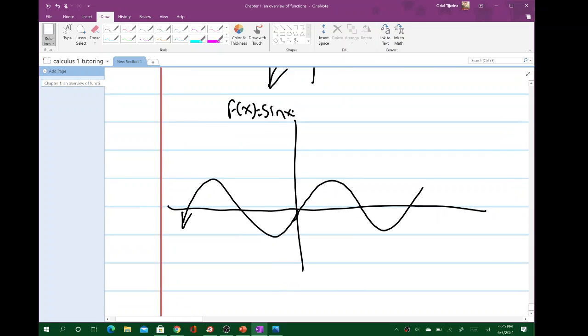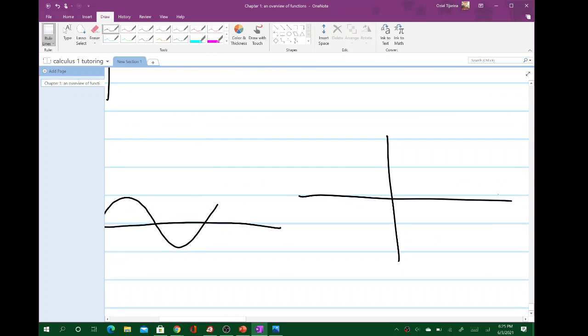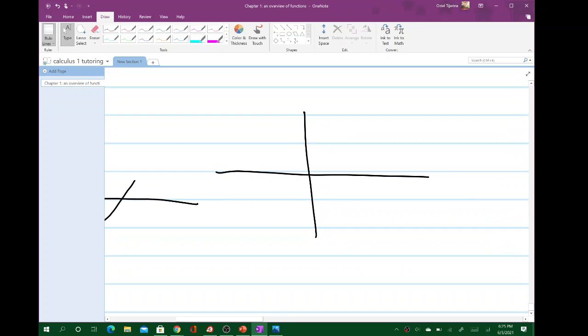So, yes, this is sine of x, and then cosine of x. Cosine of x is almost the same as sine of x, but it looks kind of like this, hold on. It's a little hard to draw, but something like that, okay?